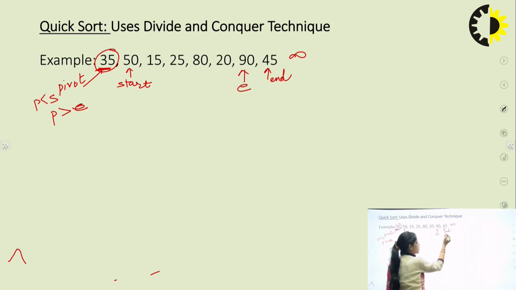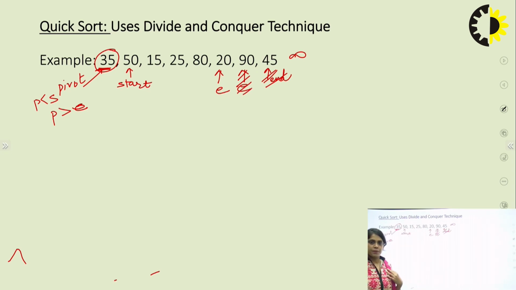Now end will be here, moved from there. 90 and 35. Is 35 greater than 90? False. If it is false, we will move forward and update the value of end. Now, is 35 greater than 20? True. We will stop here.